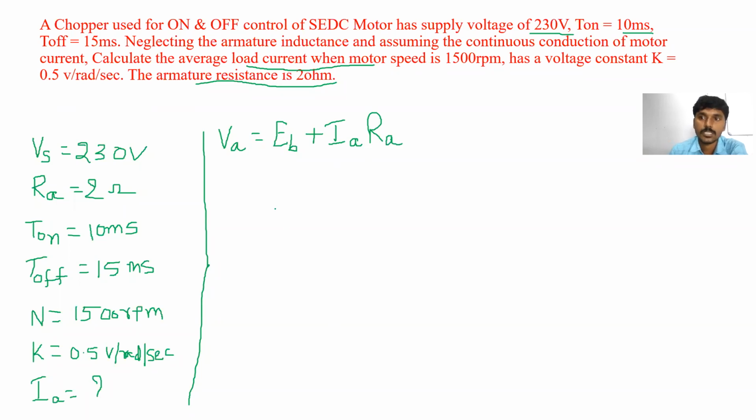Average armature terminal voltage VA is equal to EB plus IA RA. Okay, this is the basic equation. So from this equation, IA is equal to VA minus EB upon RA. Can we write like this?